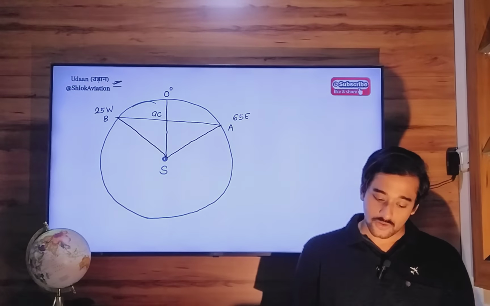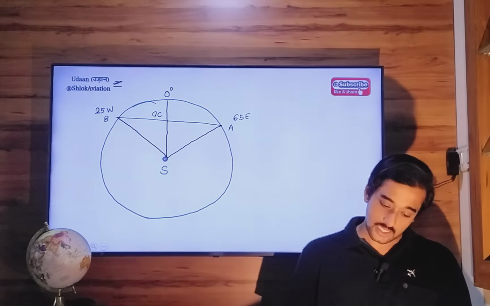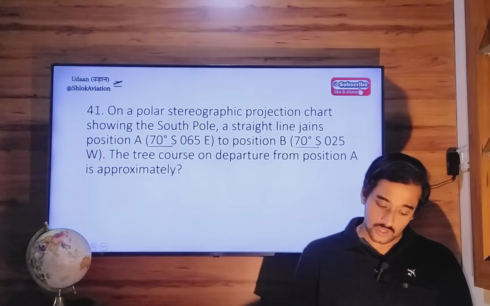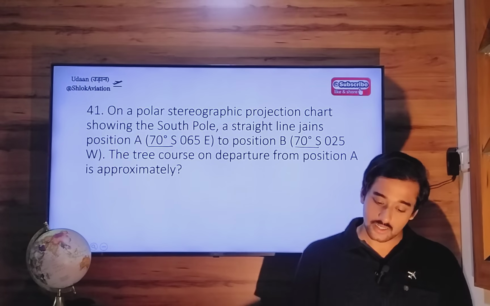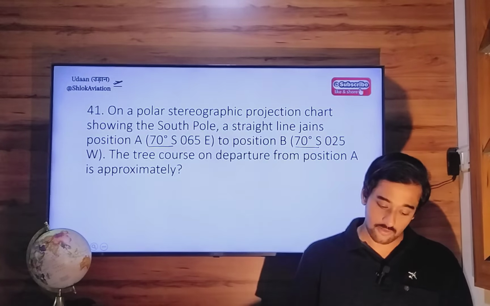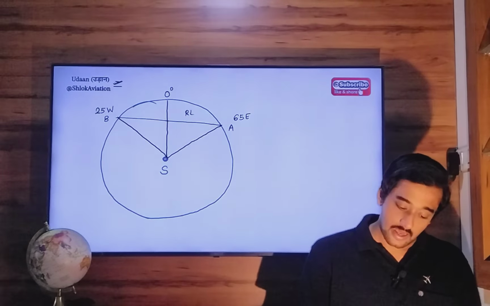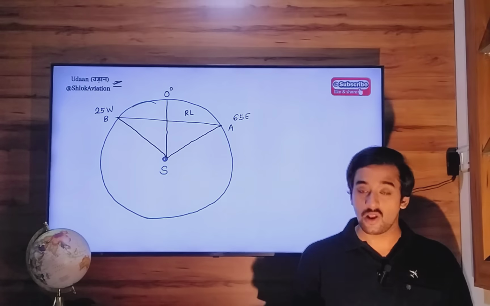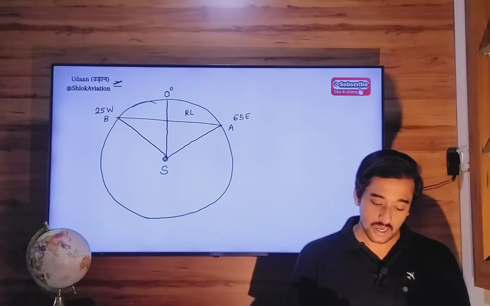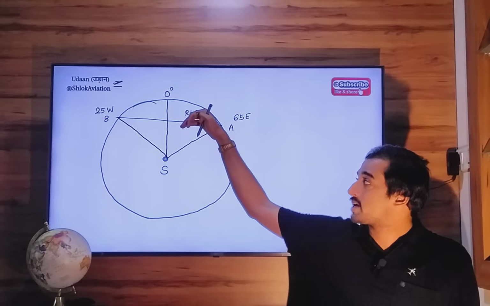Next, the true course on departure from position A is approximately what? Now this will be your line track, and the great circle track will also be a straight line. This is 70 degrees south latitude.